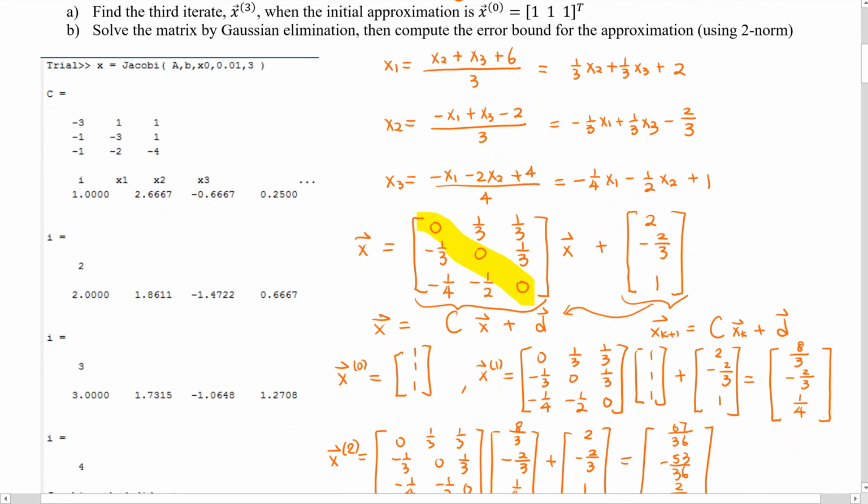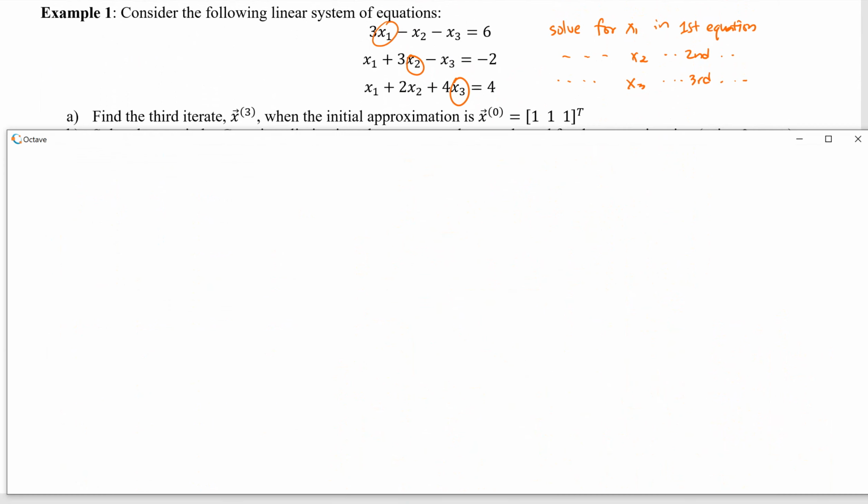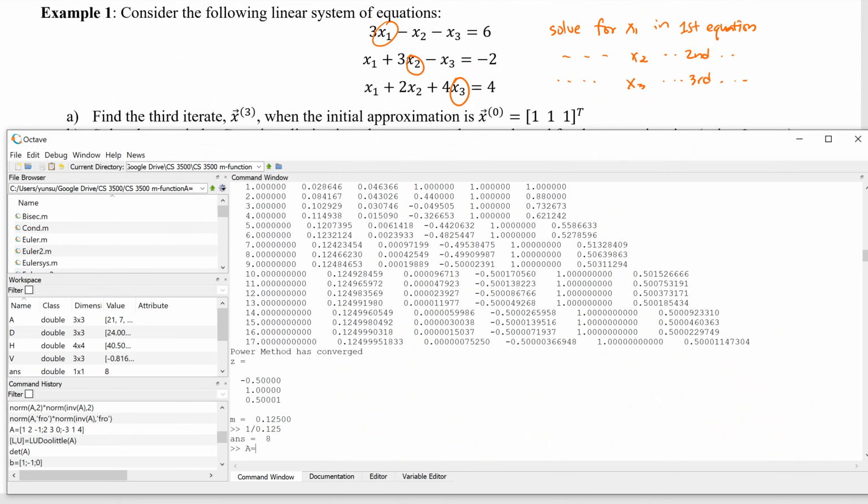All right. So, okay, let's input this matrix. A equals [3 -1 -1; 1 3 -1; 1 2 4], right?